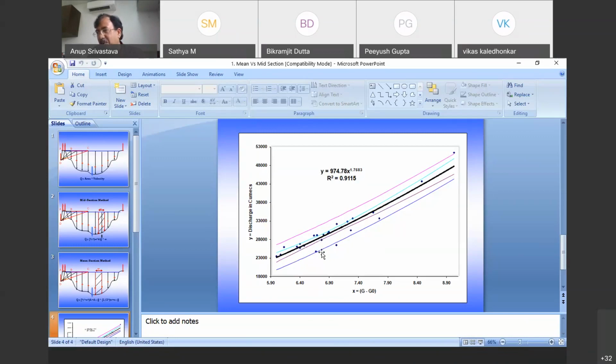So now there is no ambiguity. Once someone asks what is the discharge value corresponding to a particular water level, we simply go up and pick the discharge value on this darker black line.